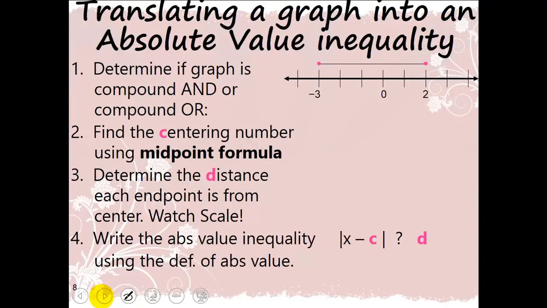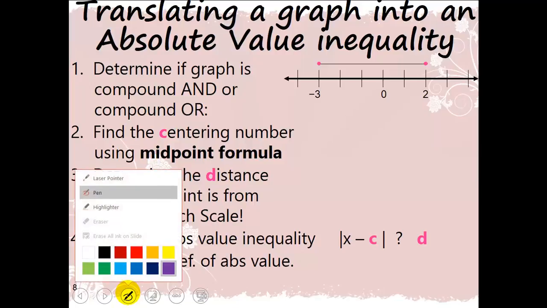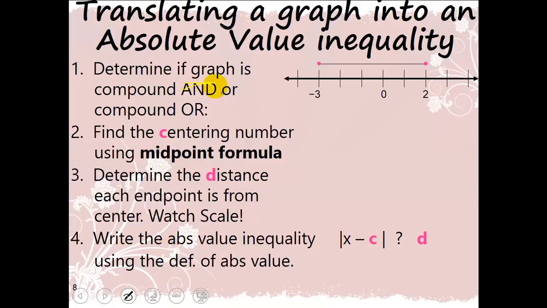All right. Now, the next thing that we're going to do is take a graph and learn how to write an absolute value inequality from it. Three things you need to know. First, is it an and or an or? You're going to be able to tell that by what the graph looks like.